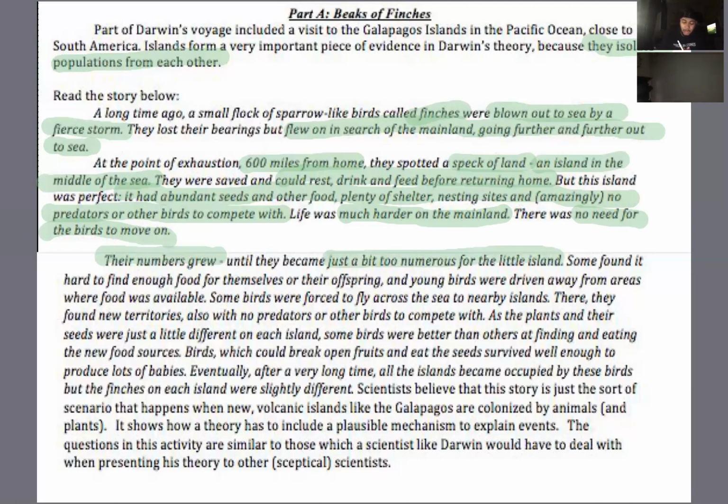Some found it hard to find enough food for themselves or their offspring, and young birds were driven away from areas where food was available. Some birds were forced, whoa, my iPad fell, my bad. Some birds were forced to fly across the sea to nearby islands.